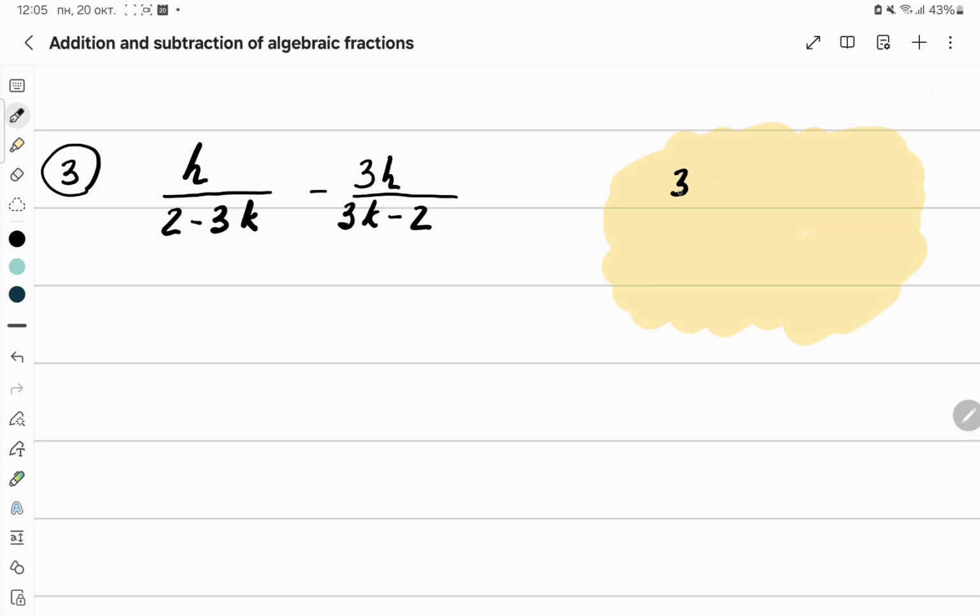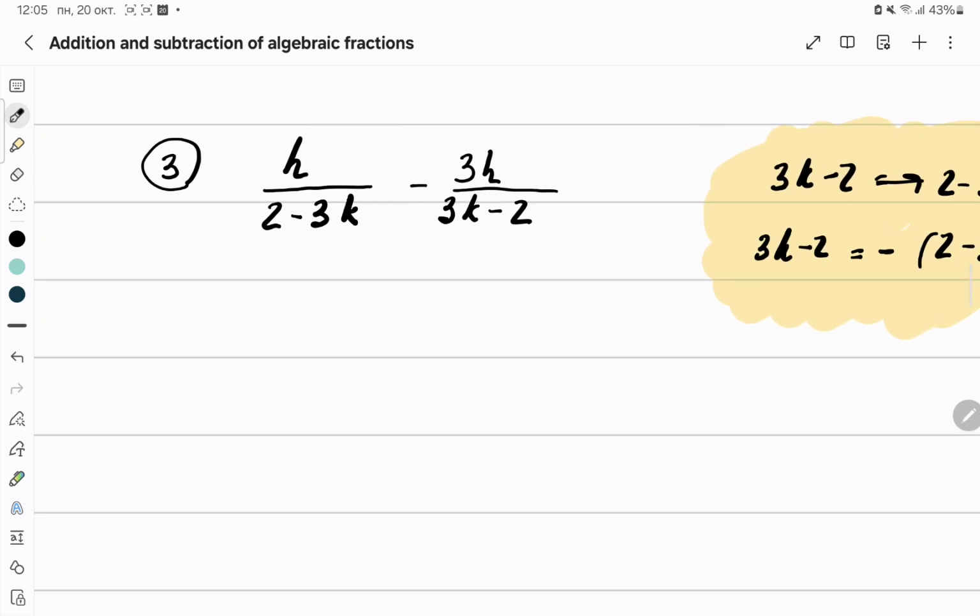This is a question, yeah? So 3k minus 2, how to make it 2 minus 3k? We just have to take a minus out of brackets: minus 2 minus 3k. This is a rule.